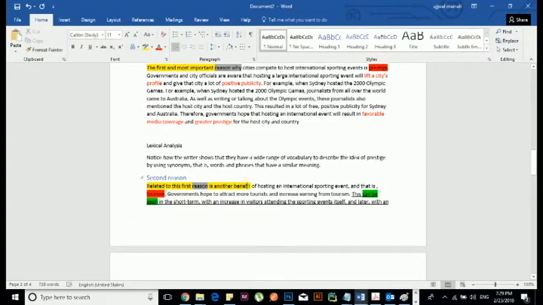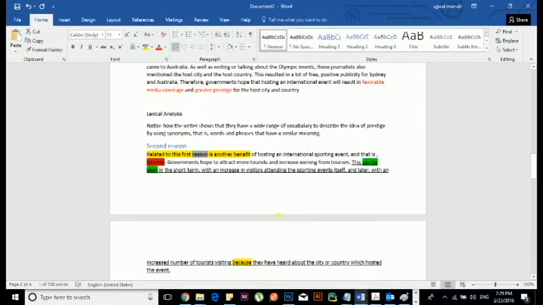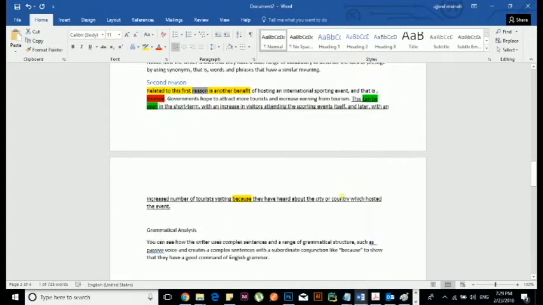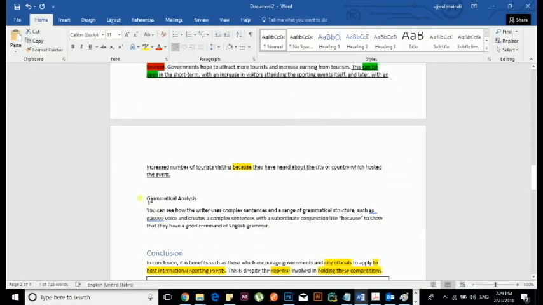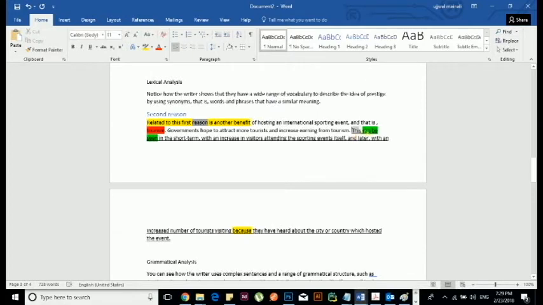Let's go through our second paragraph. The second reason is to promote tourism. Governments. Okay, let's see here. So the main point of the second paragraph is to showcase a grammatical analysis.